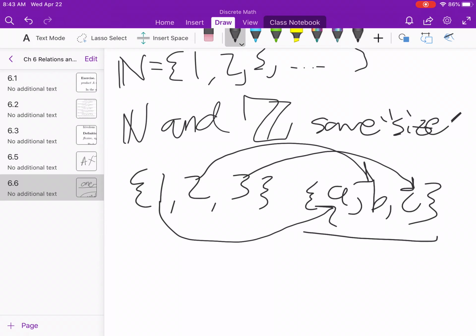I've also covered it completely, so the set 1, 2, 3 and the set A, B, C are the same size, sometimes called cardinality. It's interesting when we talk about the naturals and the integers because they're both of infinite size, so in some way the infinite size that they are is the same. This is referred to as countably infinite.